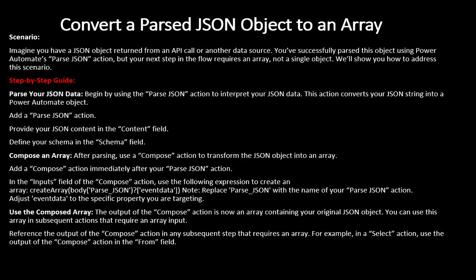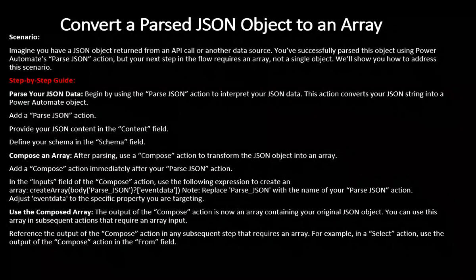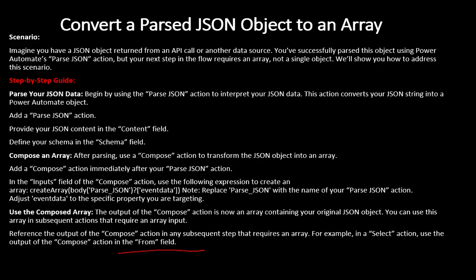You add a Parse JSON action, provide your JSON content, and then define the schema, then compose an array, and so on. You can come back to this and practice these steps.